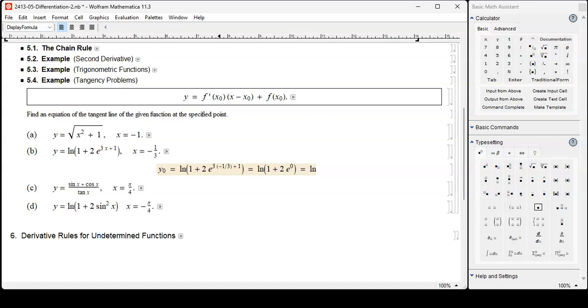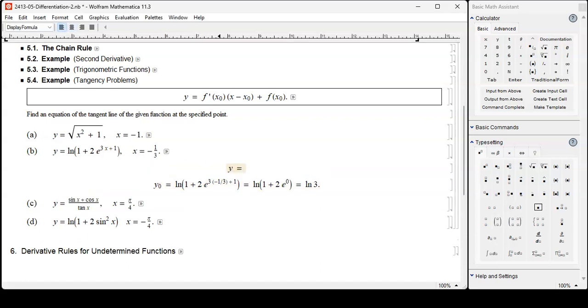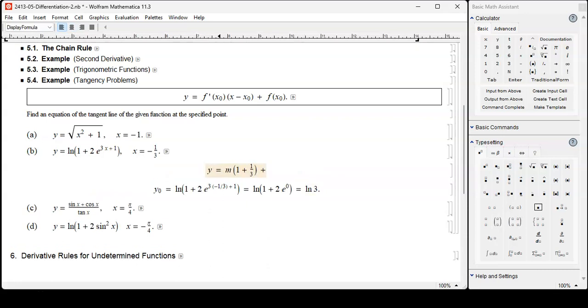That's 1, so log of 1 plus 2, so that's log of 3. So y0 is log of 3. What are we getting? We are getting y equals slope m, times x plus 1/3, plus y naught, but that's log of 3. That's what we have so far.